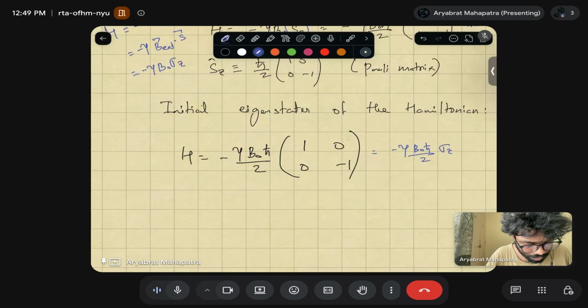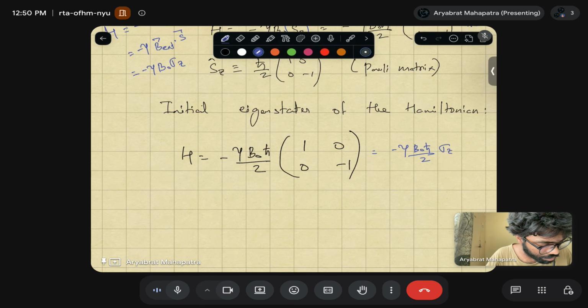If you calculate the eigenvalue, let's say lambda plus is minus gamma b naught h bar over 2, and it will have another eigenvector that is 0 1.